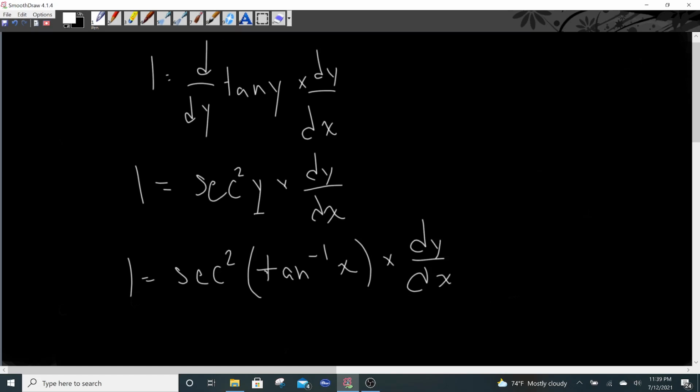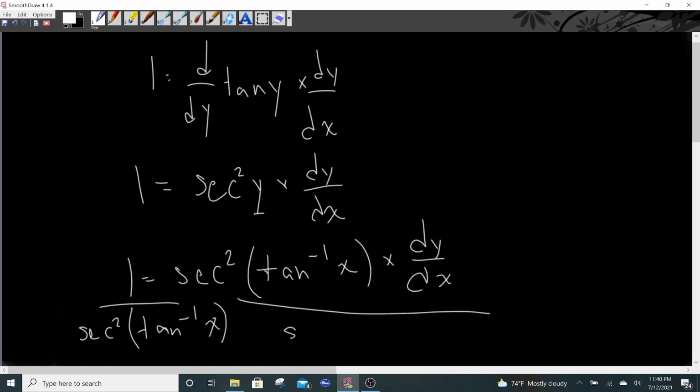And now we're still going to divide both sides just to isolate, that's a good word, isolate our dy/dx.